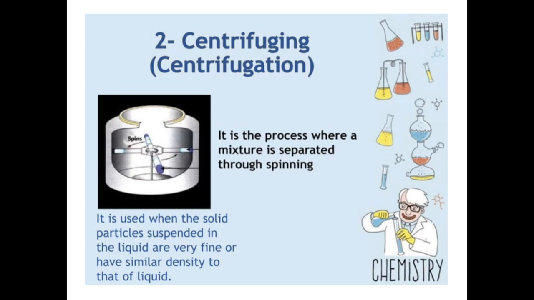This is particularly used in the medical laboratory to separate, for instance, a sample of blood. It is used when the solid particles suspended in the liquid are very fine or have similar density to that of the liquid.